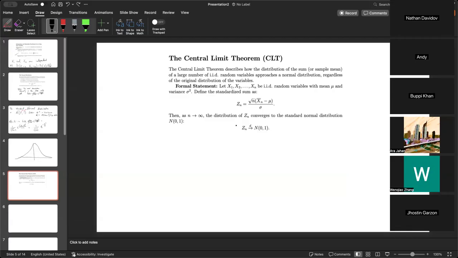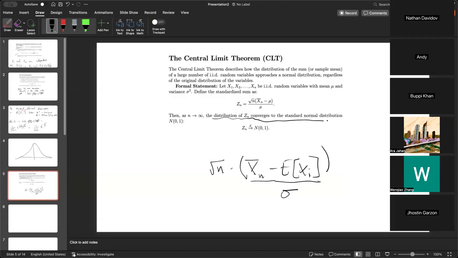The standardized sum Zn is the square root of n times the average of all the Xi's minus the expected value of any of the Xi's, all over sigma. Okay? Then as n approaches infinity, the distribution of Zn converges to the standard normal distribution N(0, 1).